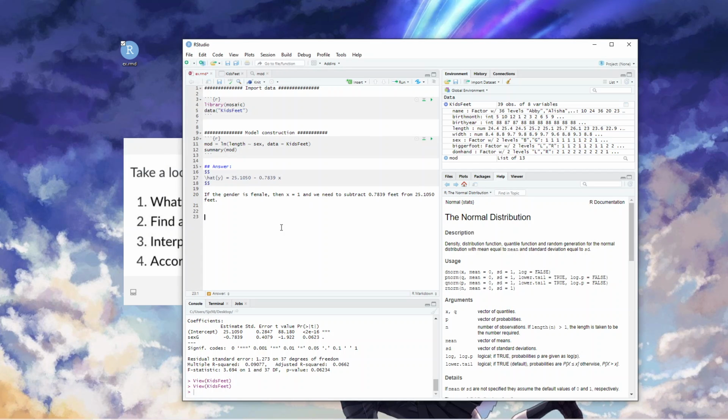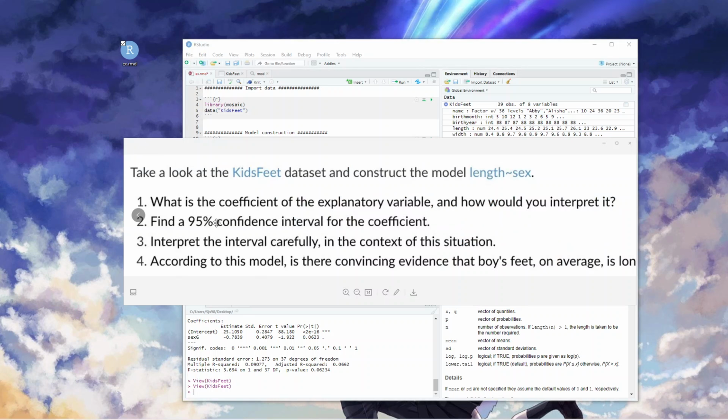The second question asks us to build a confidence interval for the coefficient, right? The question says we want a 95% confidence interval for the coefficients.